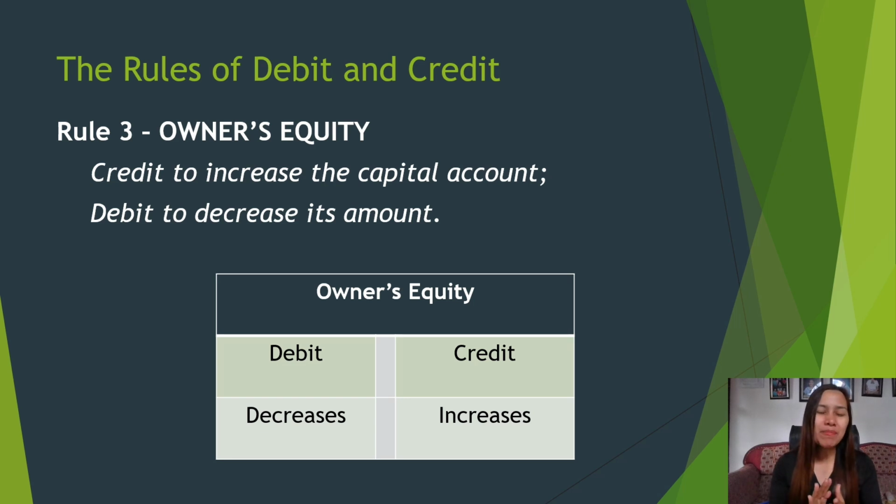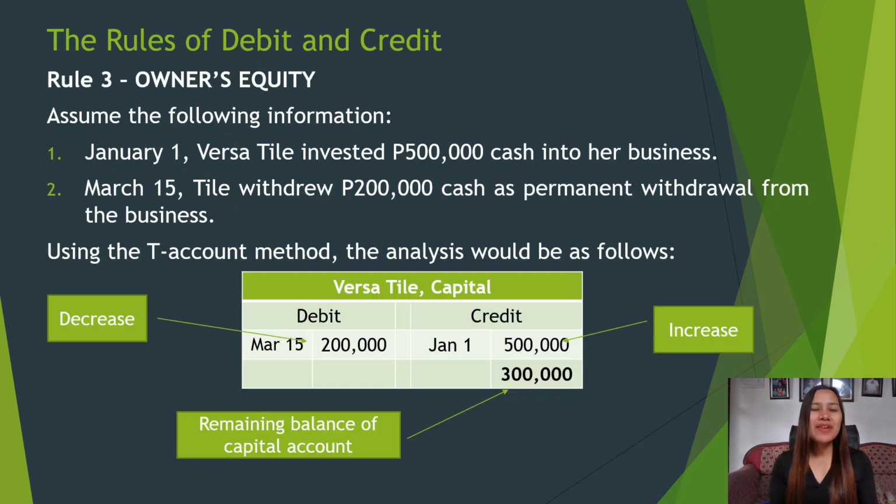Are you now ready to apply the rules of debit and credit under owner's equity account? Alright, here we go. Assume the following information. On January 1, Versatile invested 500,000 cash into her business.